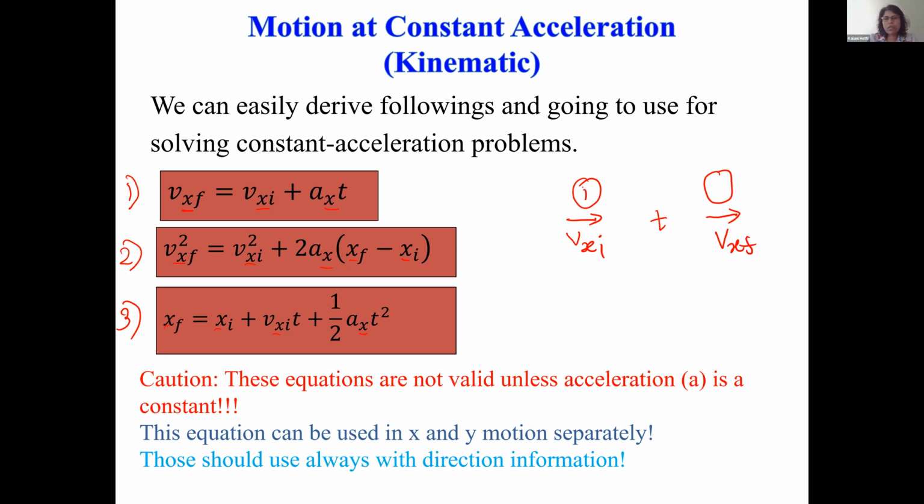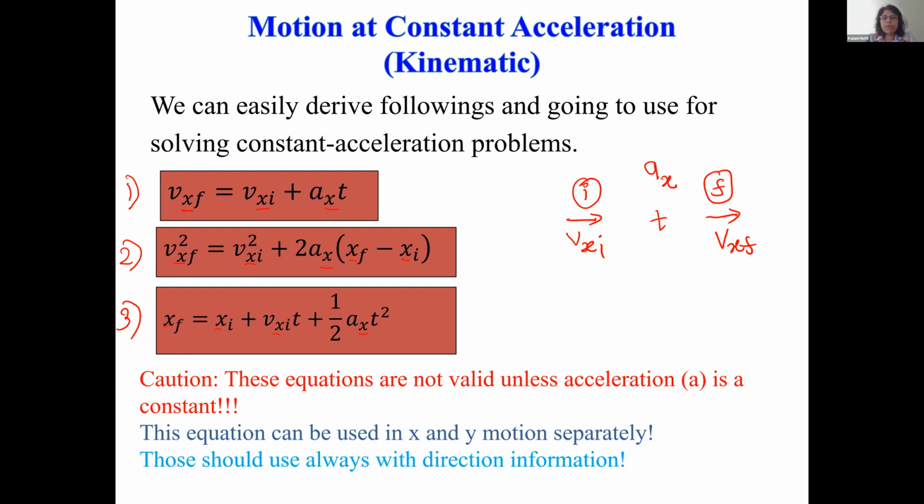Wherever you choose, initial and final will be the letters: x initial velocity and x direction final velocity, right? And then if you go to the first equation, acceleration a_x will be acceleration towards the x direction. Time is just time, it does not have a direction.